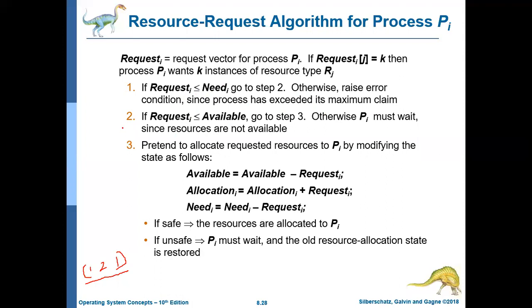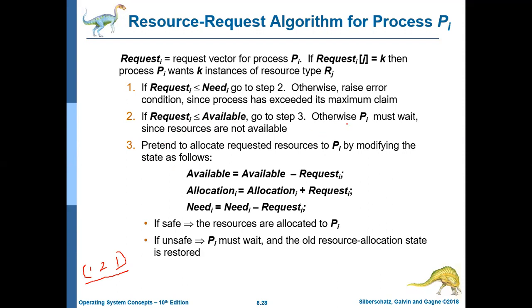Then in the second step, you have to check whether your request is less than available or not. Whatever any process is requesting, are you having that number of resources so you can fulfill the request? Your request should be less than or equal to available. If yes, then only you go to step number 3.